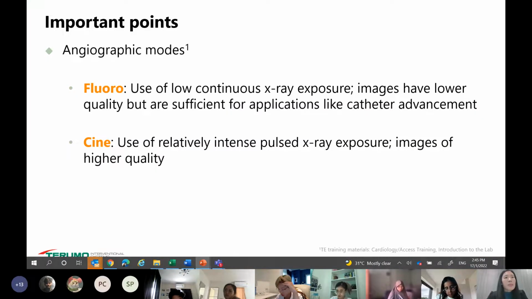So one thing to note about angiography is that there are 2 modes to take the images. The first is called Fluoro, and it refers to the low continuous X-ray exposure. Because it's low continuous X-ray exposure, the images have very low quality.